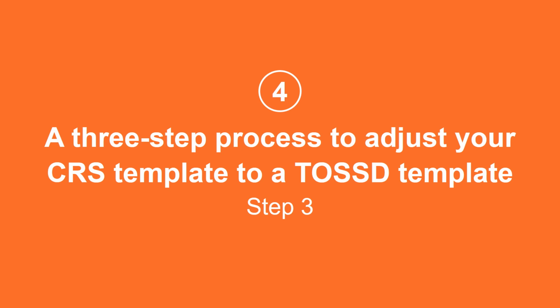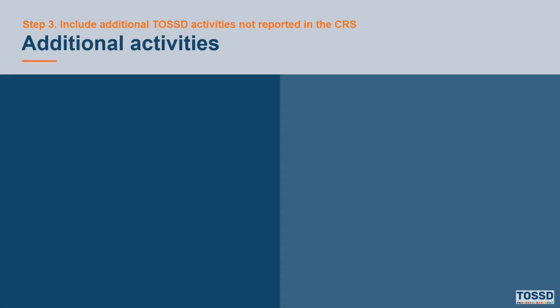This section will give you inputs for the final step in the three-step reporting process to adjust your CRS template to a TOSDI template. As a last step, providers can include additional TOSDI activities that are not reported in the CRS. Additional activities can be found in the following areas for which specific eligibility criteria were developed.